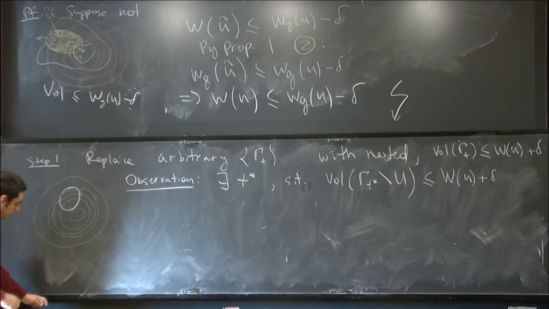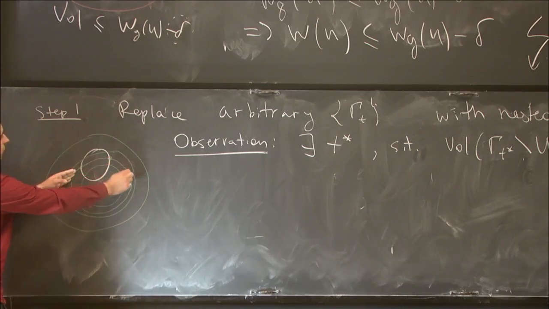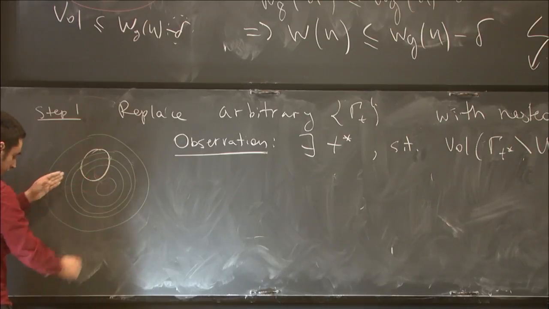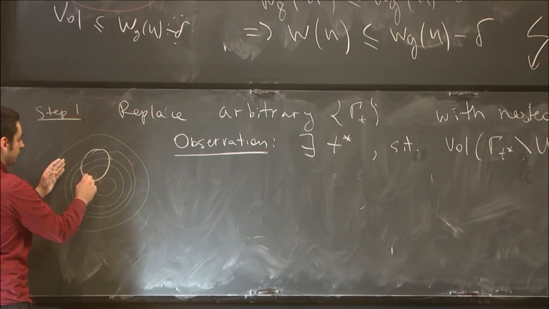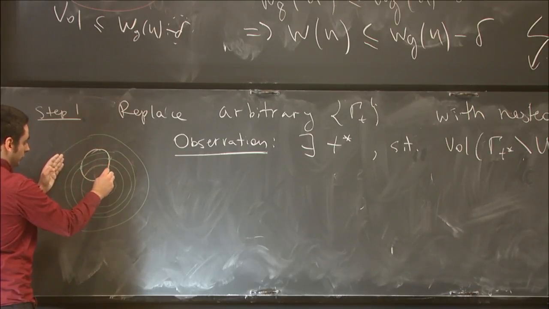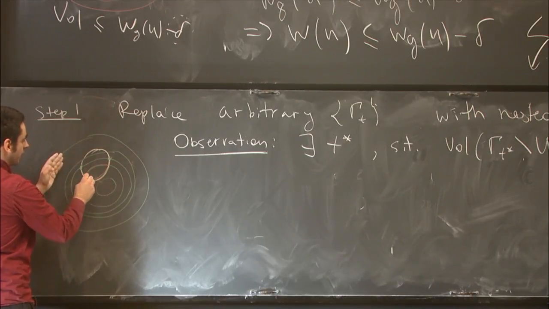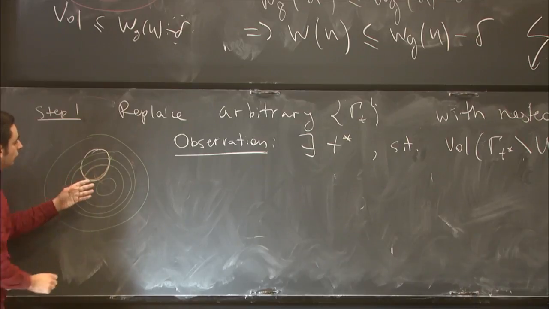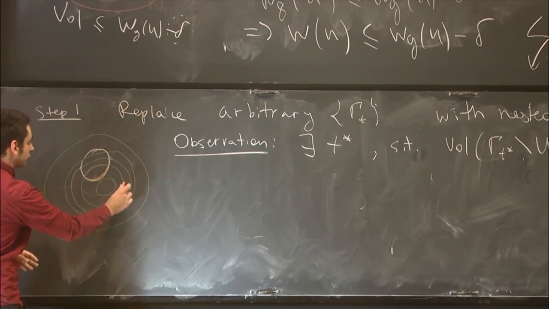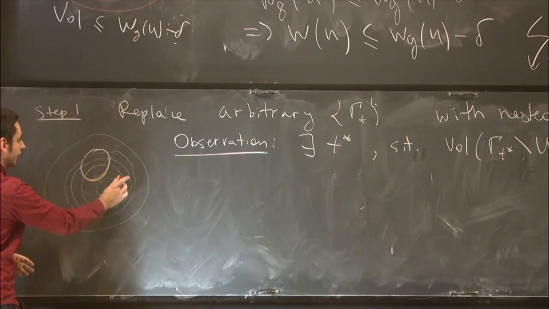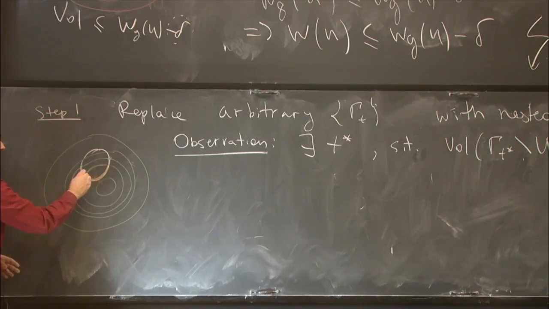And if the parts that go outside of U are large, then what we can do is construct a competitor sweepout, which is just taking those families and looking at the boundary of the intersection of the set with U. As a result, we replace this part, which is outside, with the part which is just a piece of the boundary.